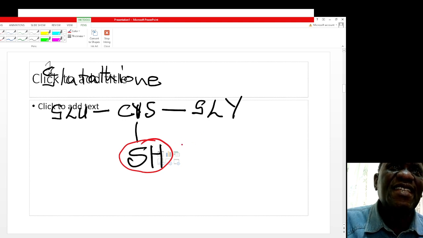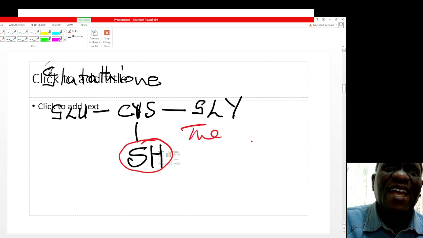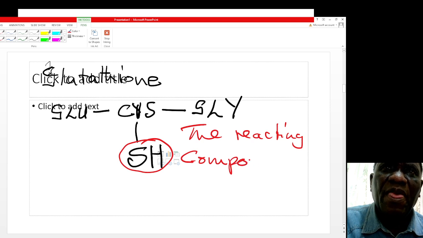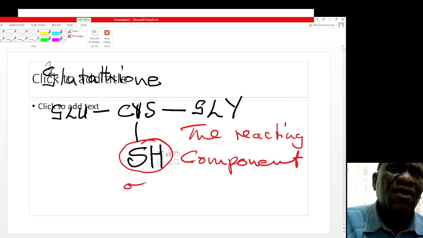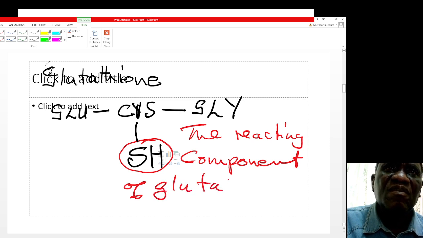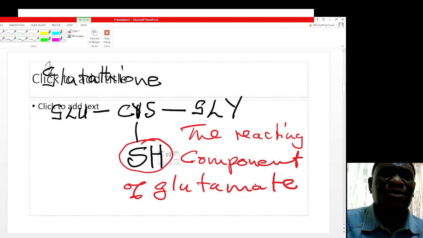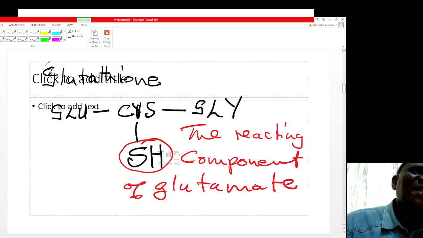This one here is the reacting component. So it is the SH, or sulfur part, which allows glutathione to react with a herbicide metabolite.